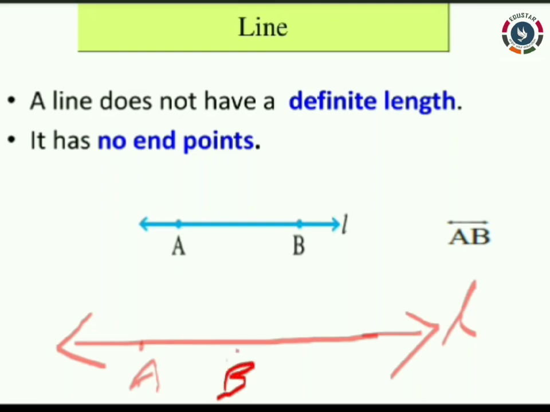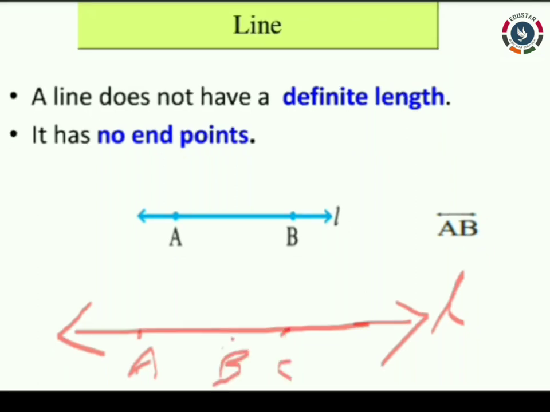B is another point on line L. Point C, point D, like that, and so on I can draw. So a line contains a countless number of points, but a line does not have any starting point or any ending point. So you can't measure the length of a line.